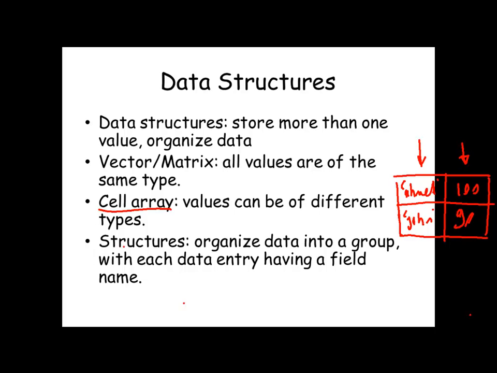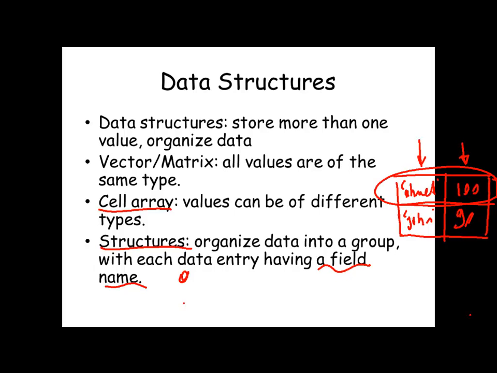There's another data structure called structures, which we will cover later, and these organize data into a group with each data entry having a field name. So taking the same example, we can represent each row as a separate structure.